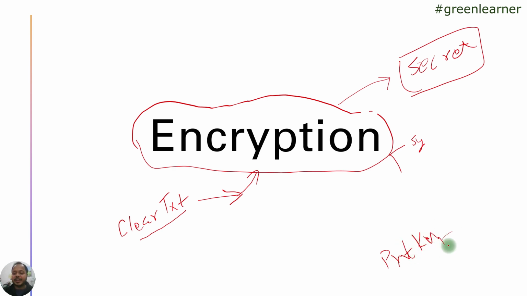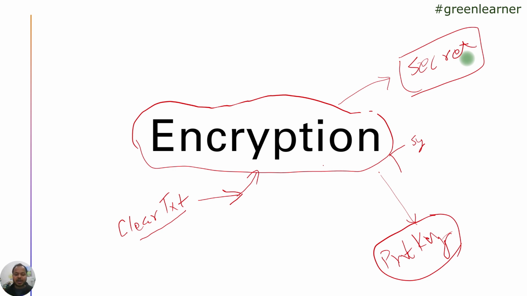It is not shared with anyone. It is a very secure key stored in the application itself, and it is used to jumble this clear text. The password is passed to this encryption mechanism, which uses the private key and generates this secret, and that secret is stored in the system.